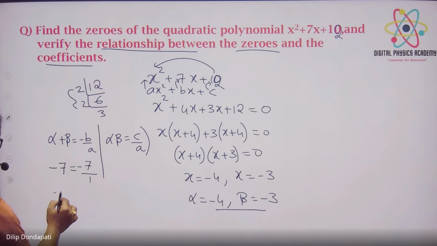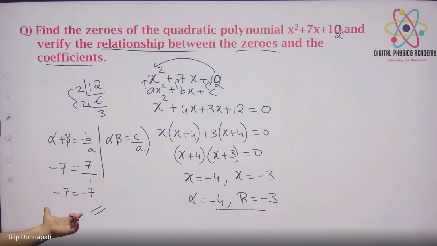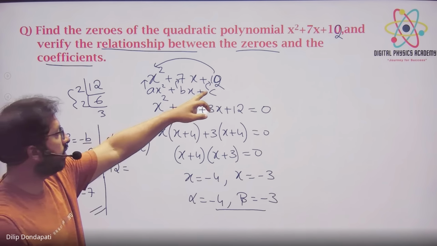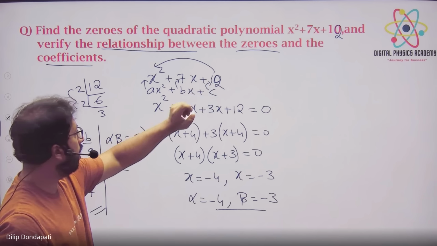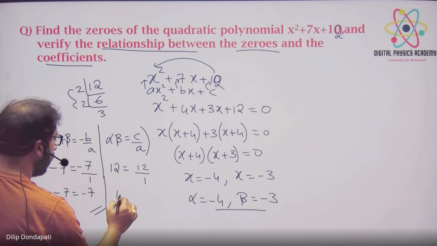So देखो minus 7 is equal to minus 7. We verified the relationship, one relationship we verified. समझ में आ रहा है? सेकंड में वेरीफाई करो. Alpha into beta minus 4 into minus 3 is how much? 12 is equal to c by a. From this relationship, what is c? 12. A is 1. So 12 by 1. So 12 equal to 12. Verified.